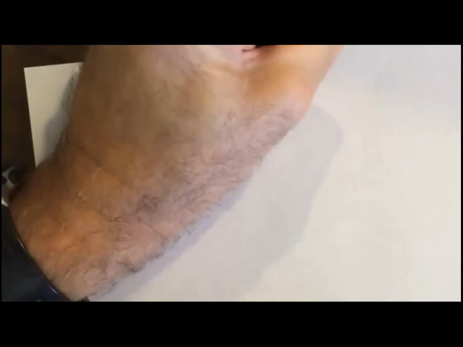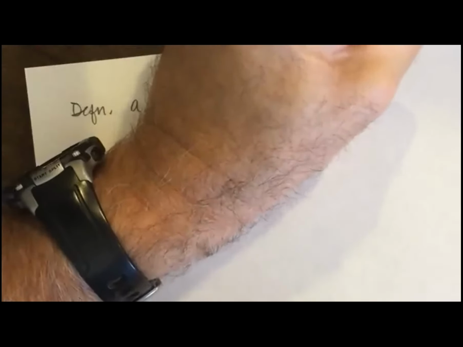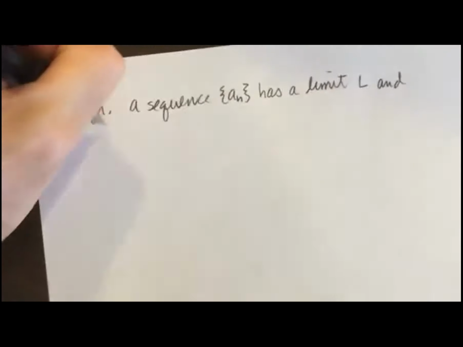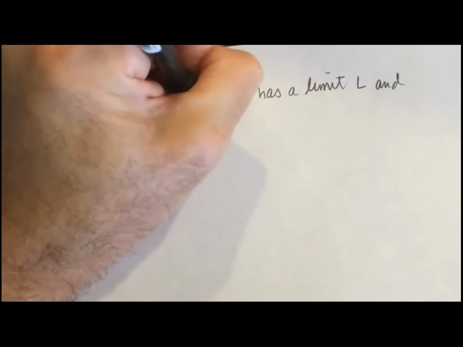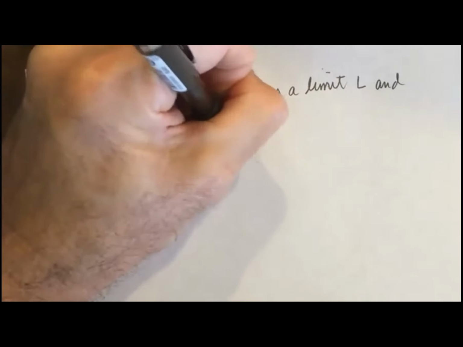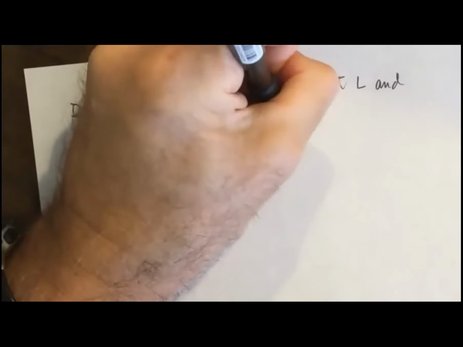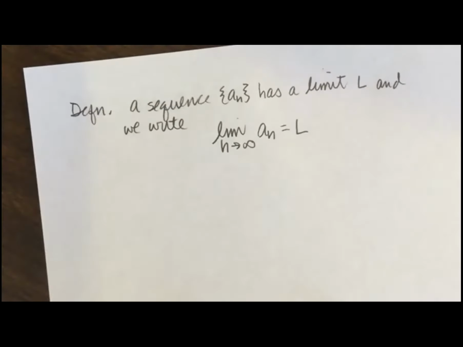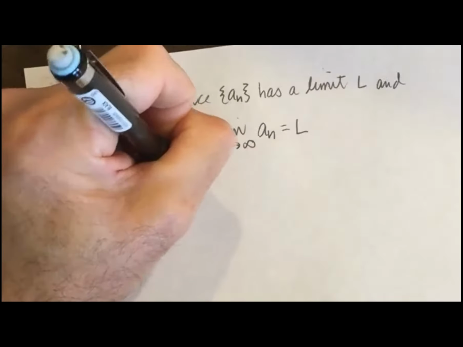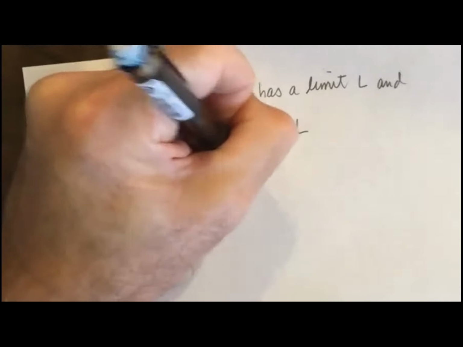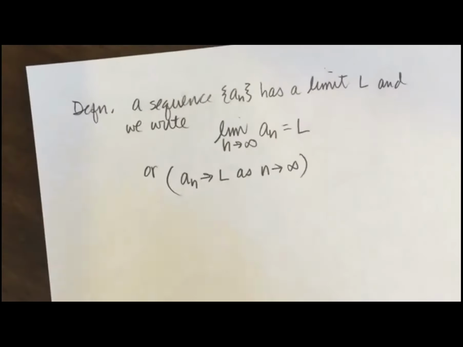We say it has a limit, L, and we write that the limit as n goes to infinity of a sub n is equal to L. Or sometimes we write a sub n goes to L as n goes to infinity. Sometimes you'll see it written this way.